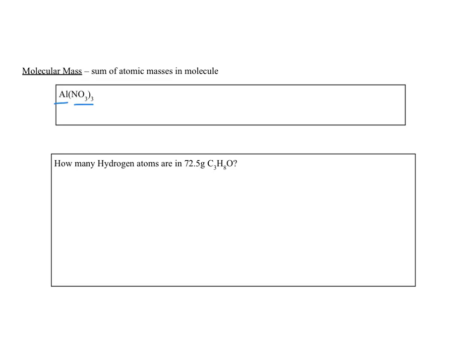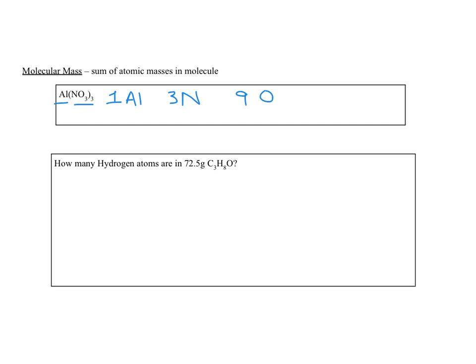So I have 1 aluminum. The 3 on the outside of the parentheses goes to everything on the inside. So that means that I have 3 nitrogens and I have, multiplying those subscripts together, 9 oxygens.